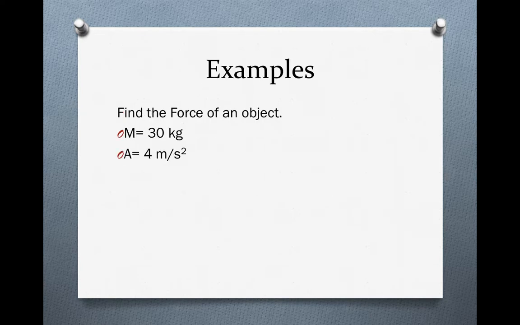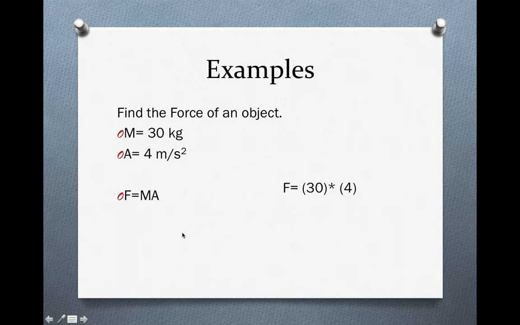Now, we're going to do a couple of examples to show you how to calculate Newton's second law. So we have our two knowns here. We have mass and acceleration. So since we have those two, we are able to find the force. All right? So what we are going to do, we're going to look back at our equation, which is F equals m times a. And we are just going to plug in the numbers for our knowns.